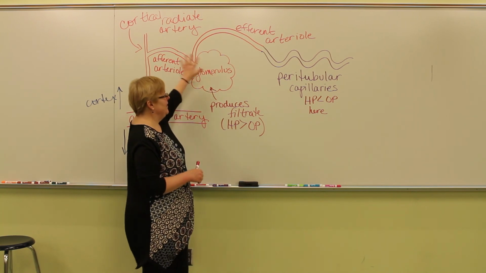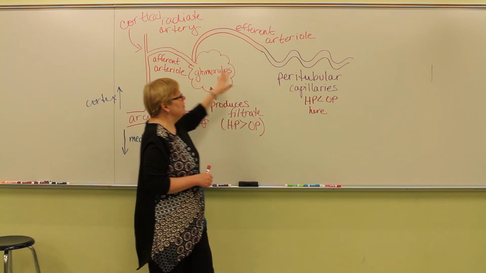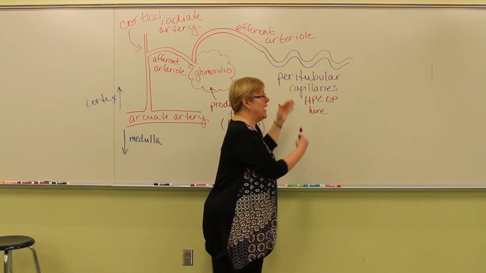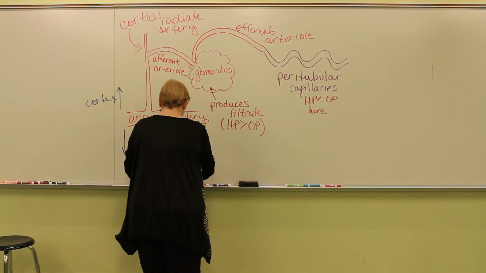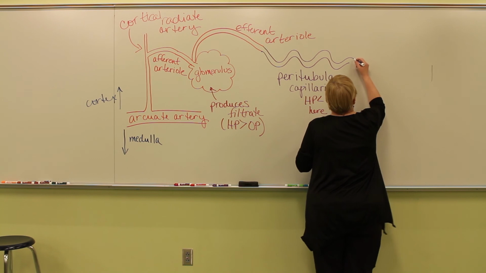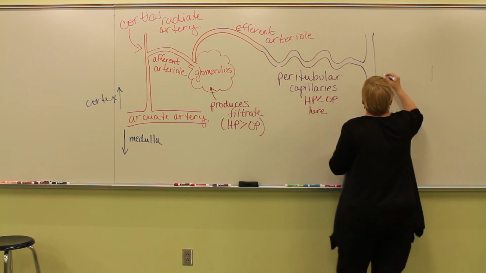So the glomerulus is essentially the arterial end of the capillary as far as we're concerned. The peritubular capillaries would be the venous end of the capillaries. And these are what are going to eventually lead into the cortical radiate vein.